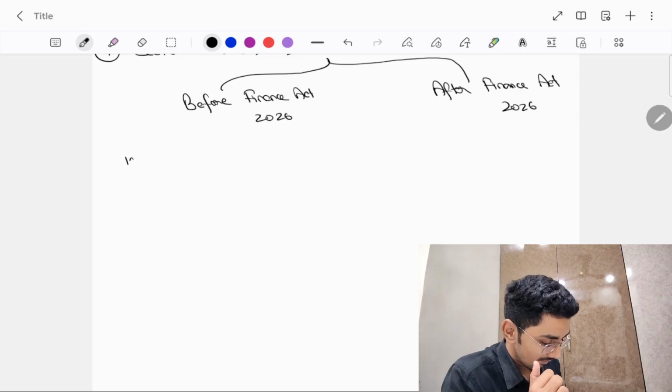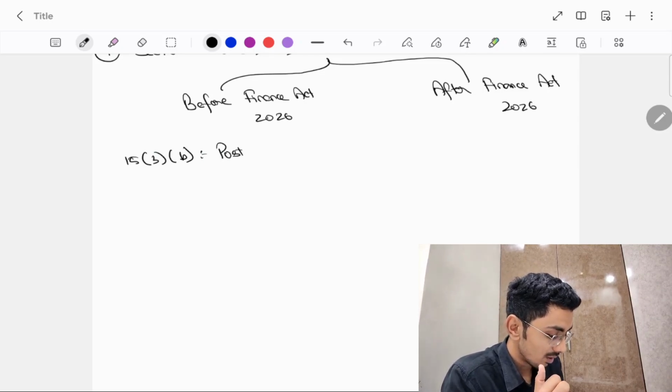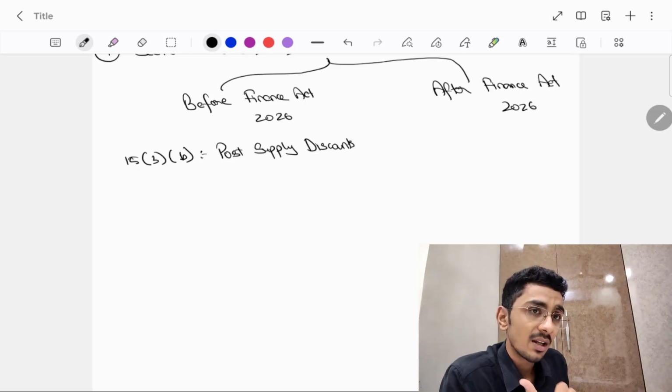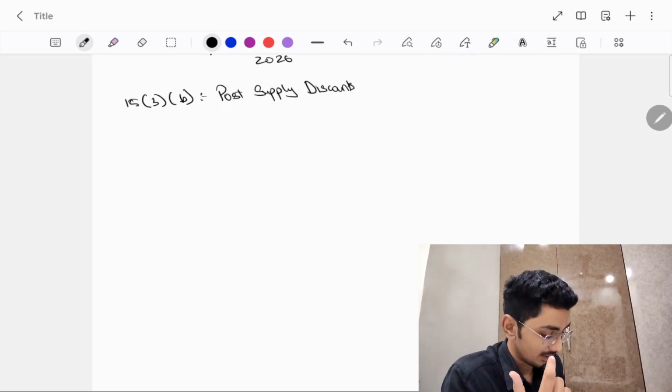First thing, 15 subsection 3 subclause B says that for post supply discounts, you can raise a GST credit note if both the conditions are satisfied. It had two conditions, 1 and 2.